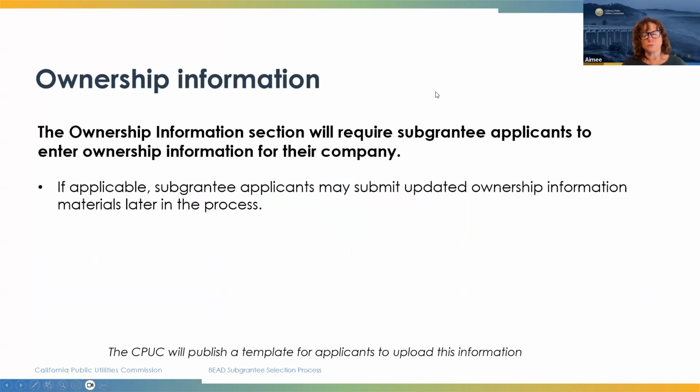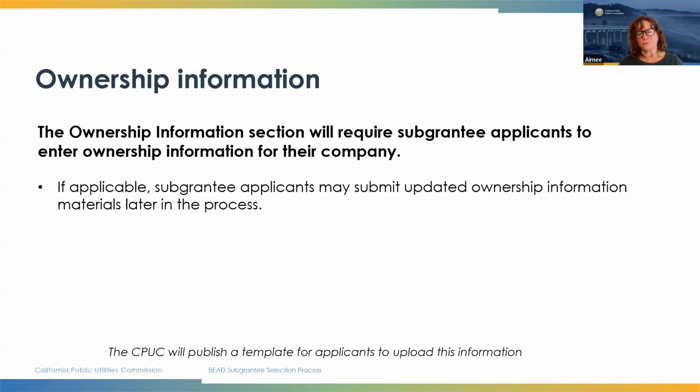If we move on to ownership information, this section allows subgrantee applicants to provide that information. Initially, during the prequalification phase, there's a required template for ownership information. For those familiar with FCC filings, this 10% ownership is a typical requirement of FCC funded projects, and so it's similarly required in BEAD funded projects.